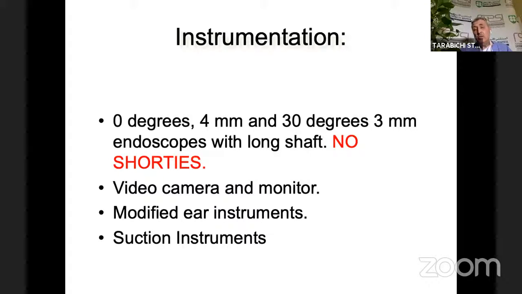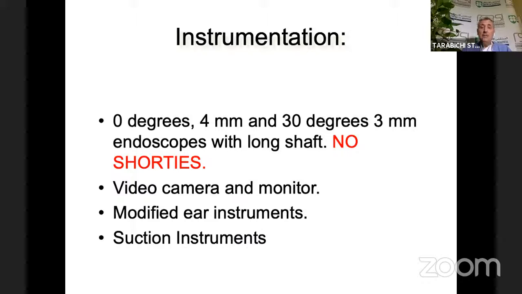But if I have to point out one big change in the way I do things with endoscopic ear surgery, it is the fact that I'm using the 30-degree endoscope, I would say, in about 60% of the time. And it really gives you a great access into all the different spaces of the middle ear cleft.